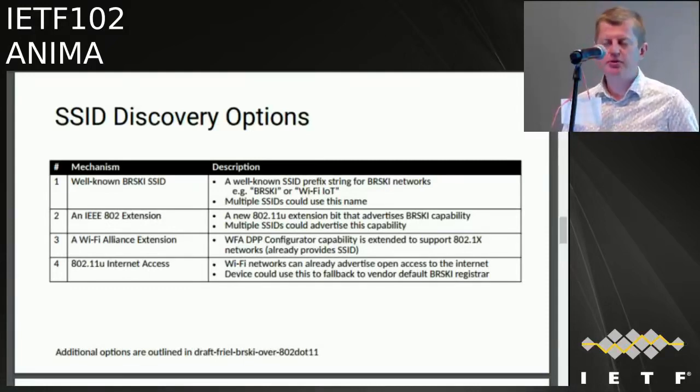So Wi-Fi Alliance already has DPP. It doesn't quite fit the bill, but we could define extensions to DPP. And the fallback option is there's an existing 802.11u internet access advertisement. So we could build logic into a device that it sees an open network, it just looks for a vendor default registrar. But we need to consider device state machine complexity if we want to do that.